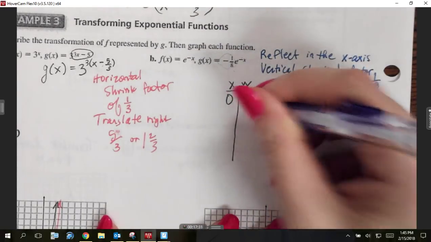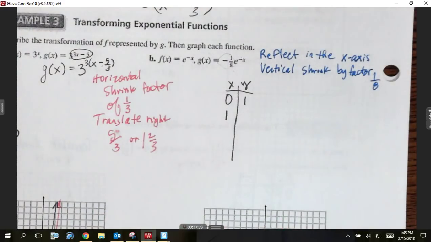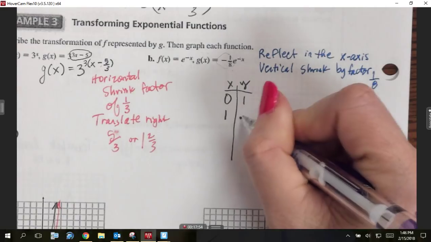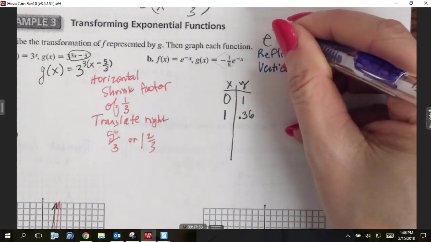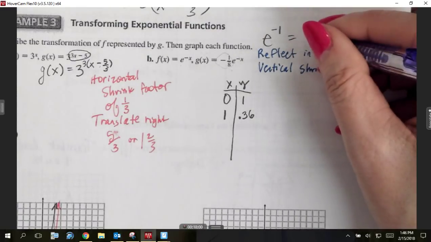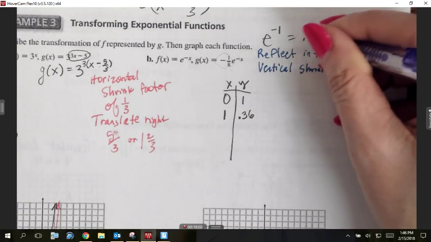So if I plug in 0, I got 1. If I plug in 1, then I'm doing e to the negative x, which I don't expect you to know. I'm just going to tell you that e to the negative 1 is about 0.36.